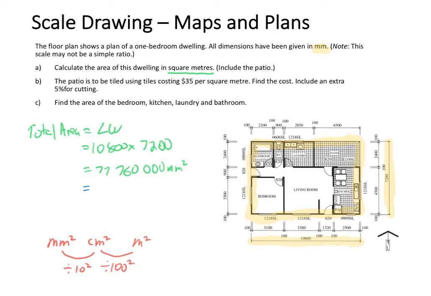So 77,760,000 divided by 10 squared gives me 777,600 centimeters squared, and then dividing by a further 100 squared gives me 77.76 meters squared. So the area of the 1-bedroom dwelling shown in the plan is 77.76 meters squared.